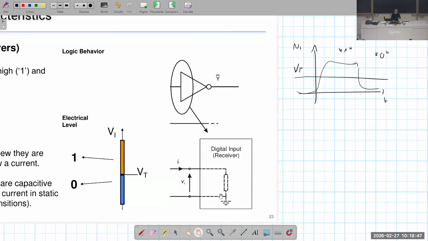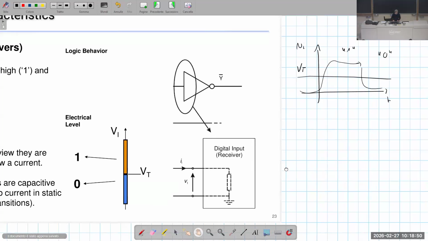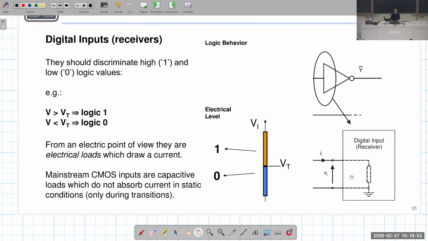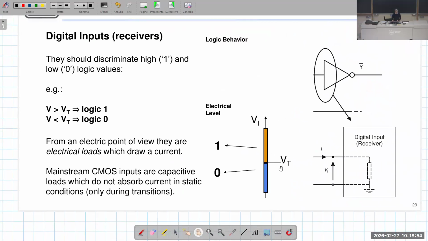This is what we stated in general, defining a threshold value that discriminates the high logic value from the low logic value.